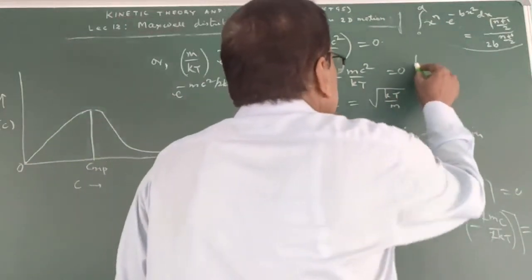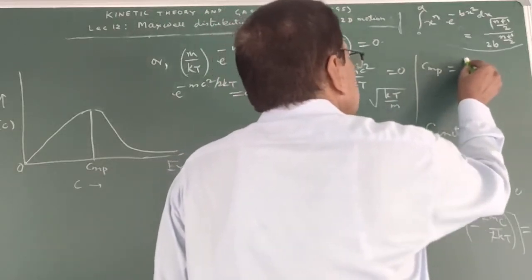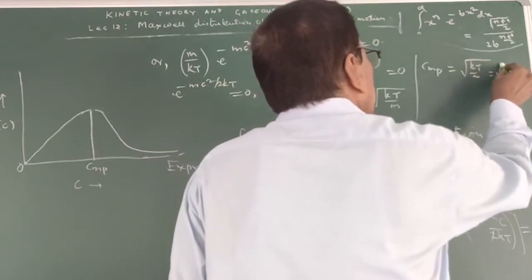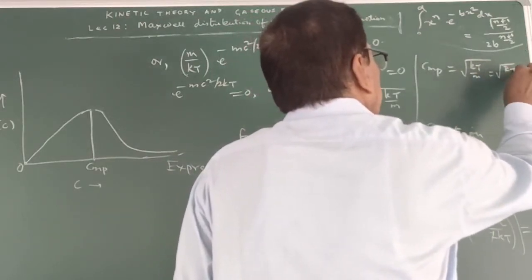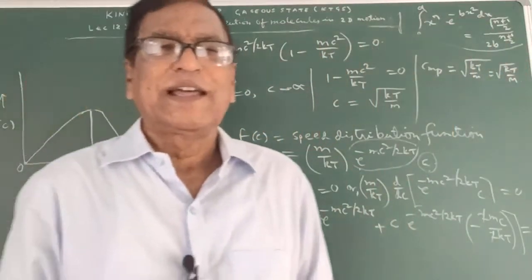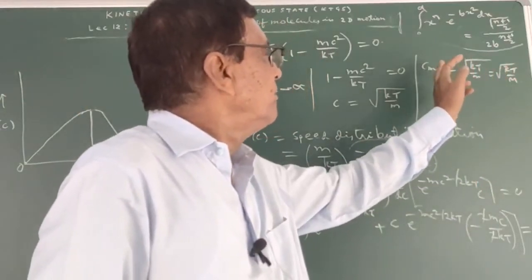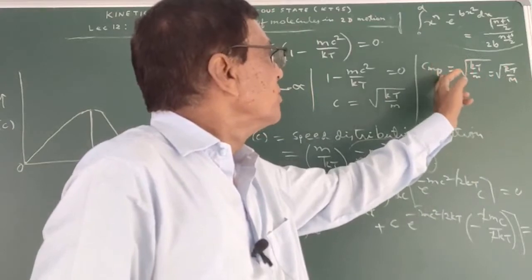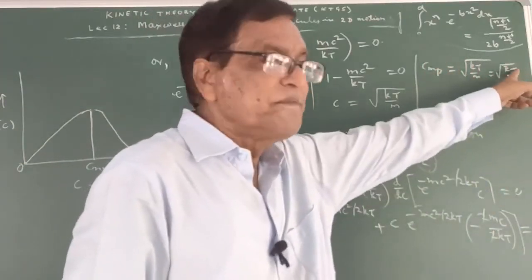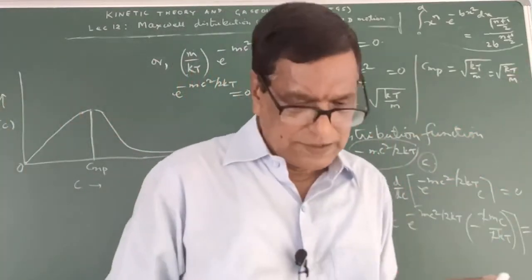So this C we can write as CMP, and this is equal to root over kT by m, or you can write root over RT by M, where M is the molar mass. So by this way you can calculate the most probable speed of the molecules in planar motion at a given temperature T, and for a given gas whose molar mass is known to us.